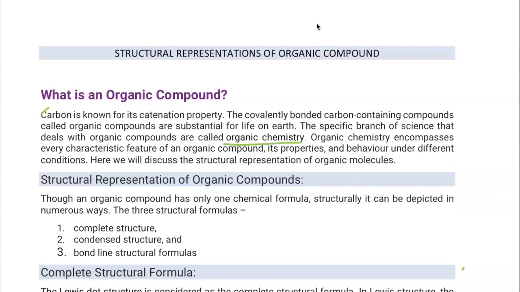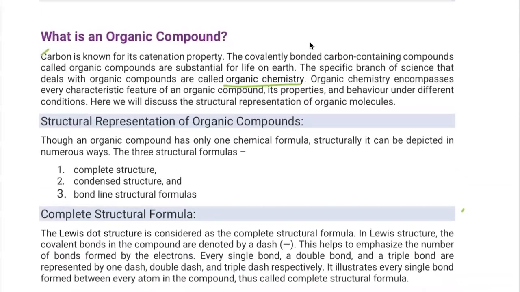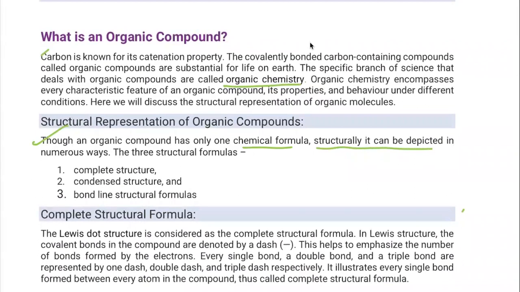Now we are going to discuss the structural representation of organic compounds or molecules. Though an organic compound has only one chemical formula, structurally it can be depicted in numerous ways.